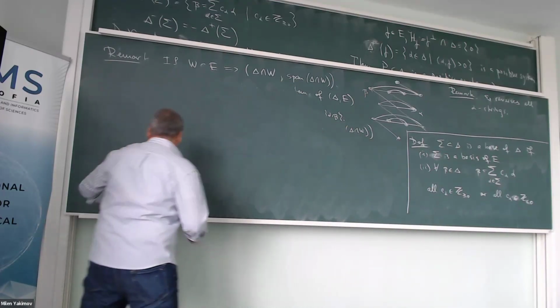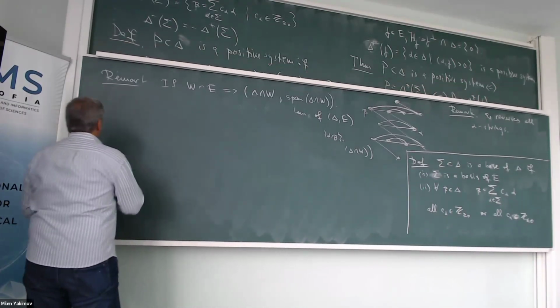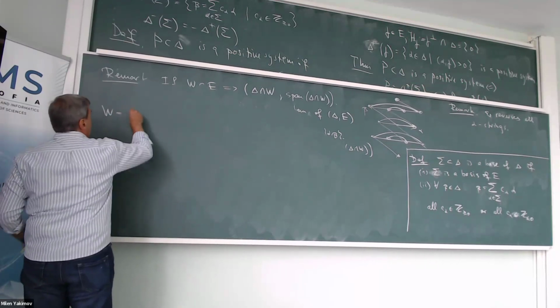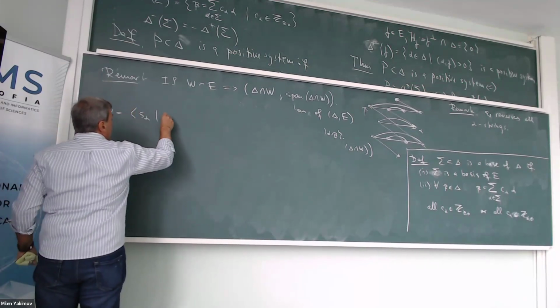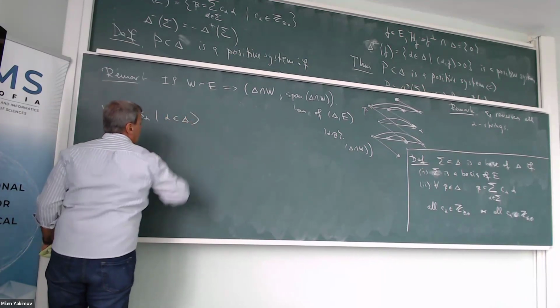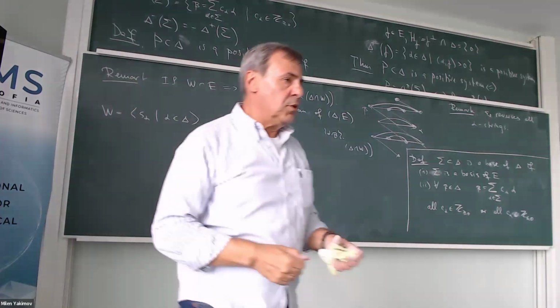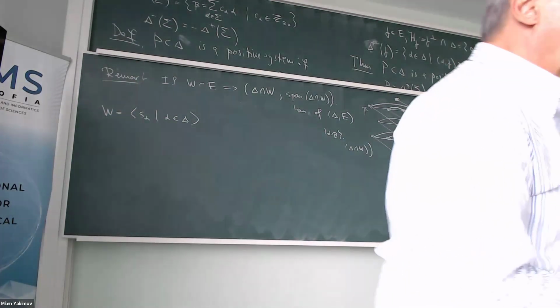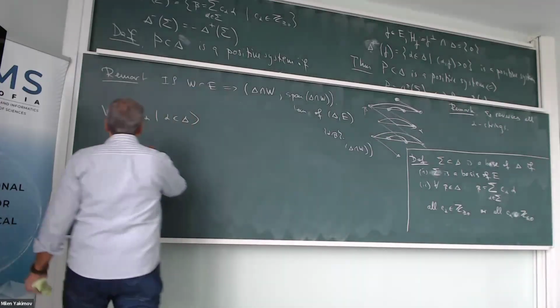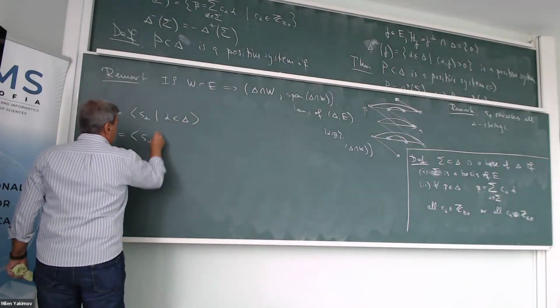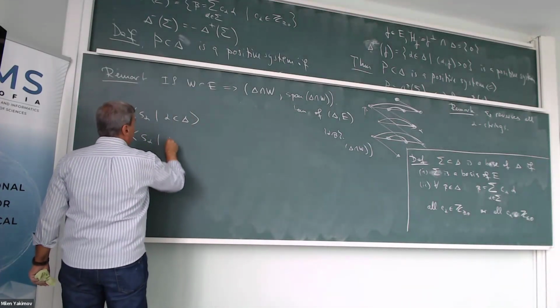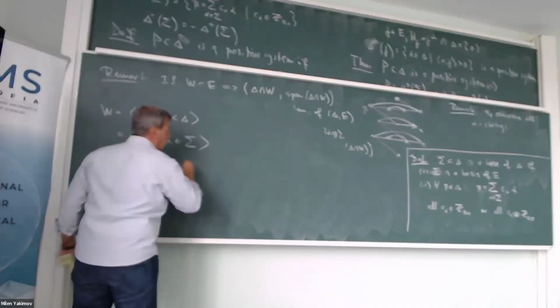is the fact that W, which we define as generated by all reflections with respect to roots, now, in fact, it is generated by all reflections with respect to simple roots.